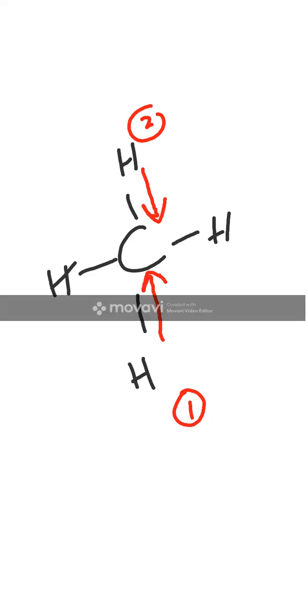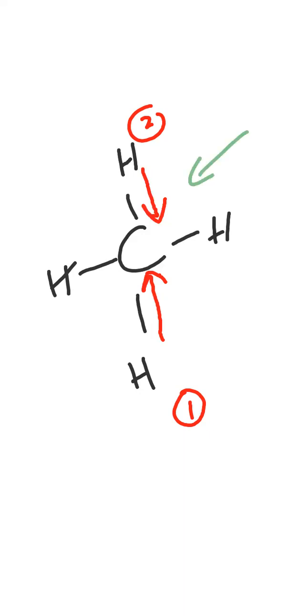These arrows mean the dipole movement, the movement of electron. And see this one and this one, both are opposite in direction. Cancel. No dipole, no polarity.